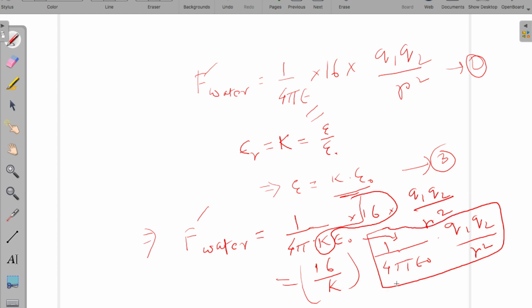Why are we writing it like this? Because we know the value of this part. The value of k is given, what is it? 80. And the value of the other part is F, which was given.